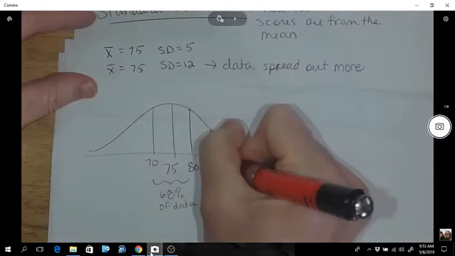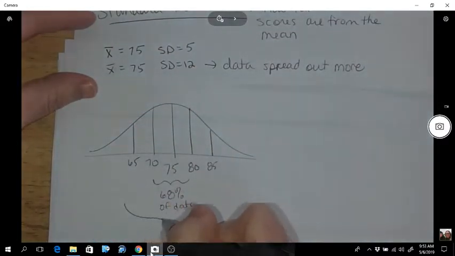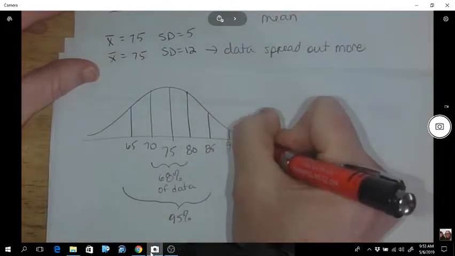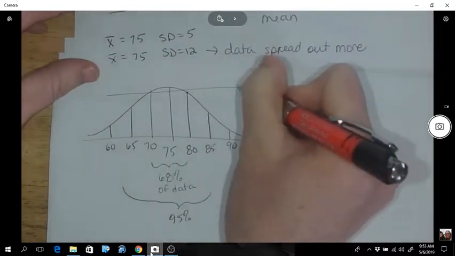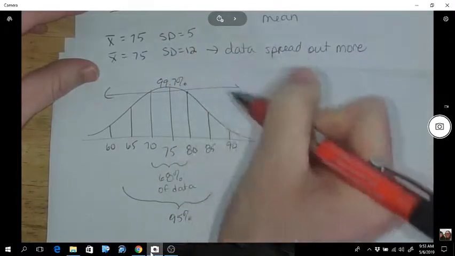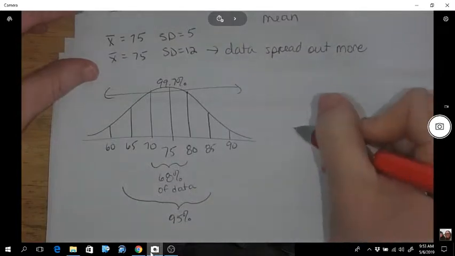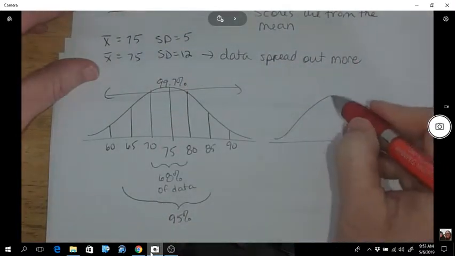Another standard deviation away, 85 and 65, would be 95% of your data. And if we go three standard deviations away, 99.7% of your data is within that span.